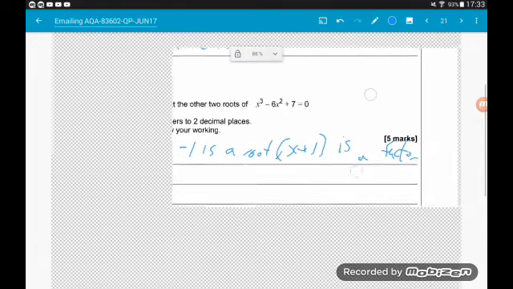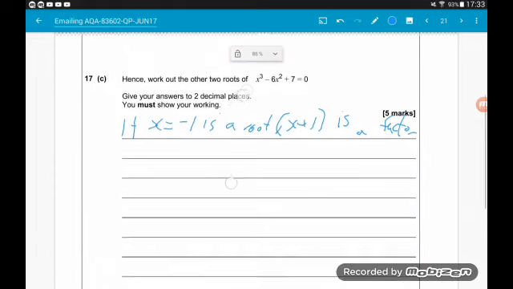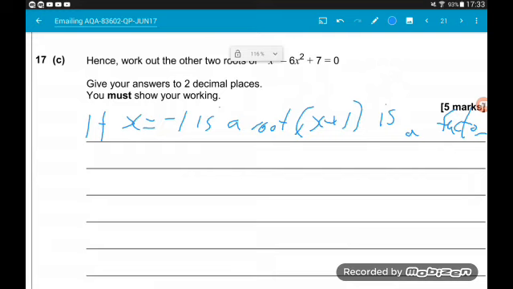So x plus 1 is one of them. So we know that our whole function is x plus 1, which is a linear factor, times some quadratic factor.